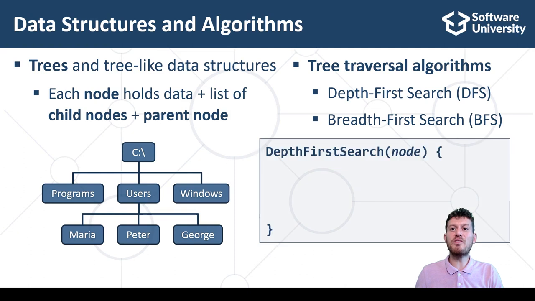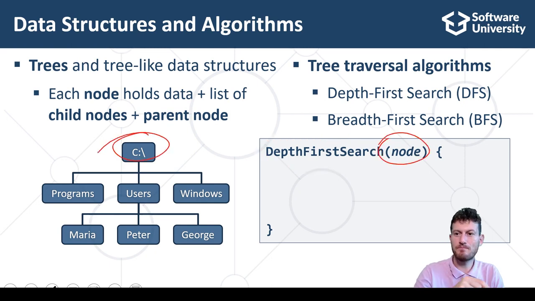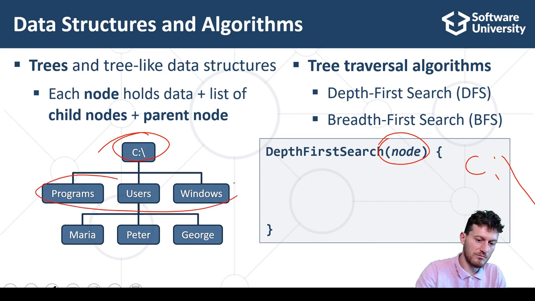The sample pseudocode implementation of the depth first search algorithm, the in-depth traversal, starts from a certain node. Then this node is first printed. Then traversal starts immediately recursively from each child node of the current node.